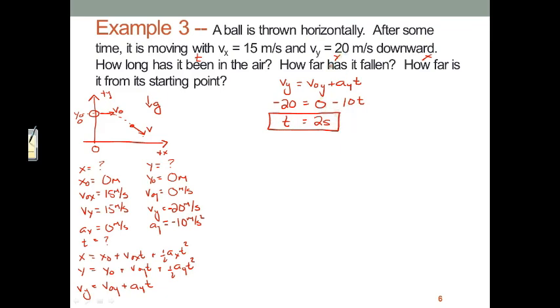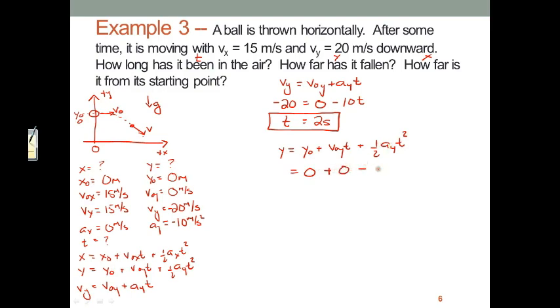How far has it fallen is a question of y. We have to use the middle equation for y. So, y is what I want to know. Y naught is 0, so we plug that in. V naught y is 0, so I plug that in.